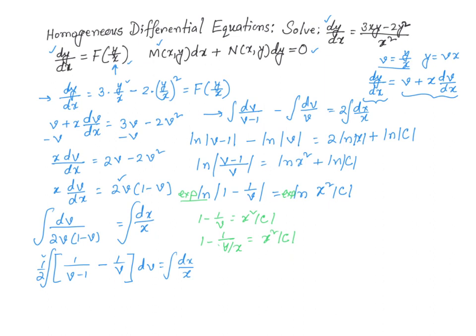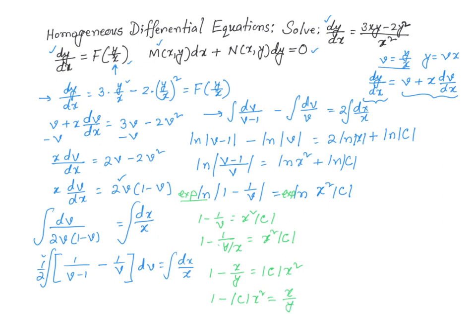Then I could simplify it further. 1 minus x over y is equal to the absolute value of c times x squared, or I could write it as 1 minus the absolute value of c times x squared is equal to x over y.